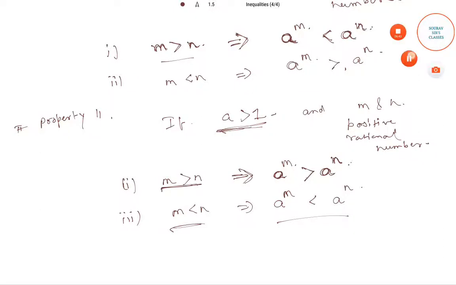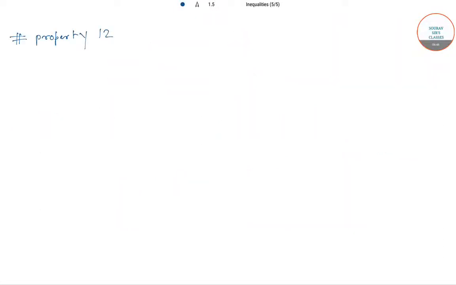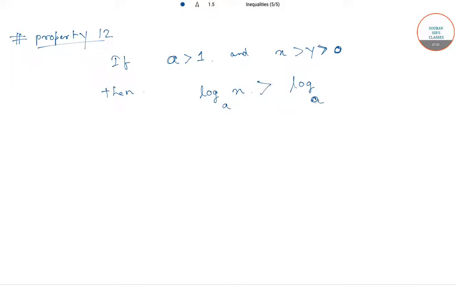Now in the next property, property number 12, we have: if a is greater than 1 and x is greater than y, which is greater than 0, so x and y both are greater than 0 and x is greater than y, then log base a x would be greater than log base a y.